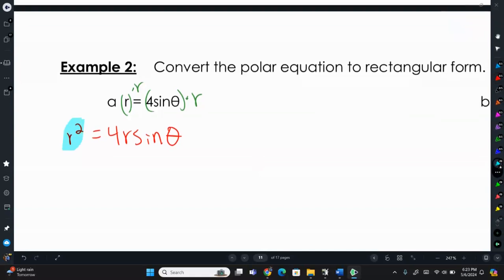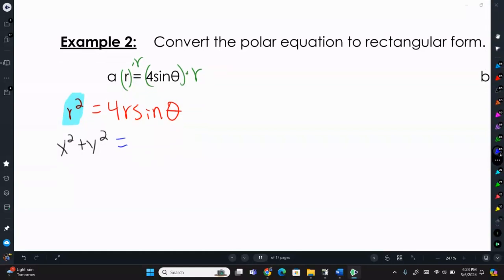And r squared is equal to x squared plus y squared, and that equals 4 times r sine theta, and r sine theta is equal to y.